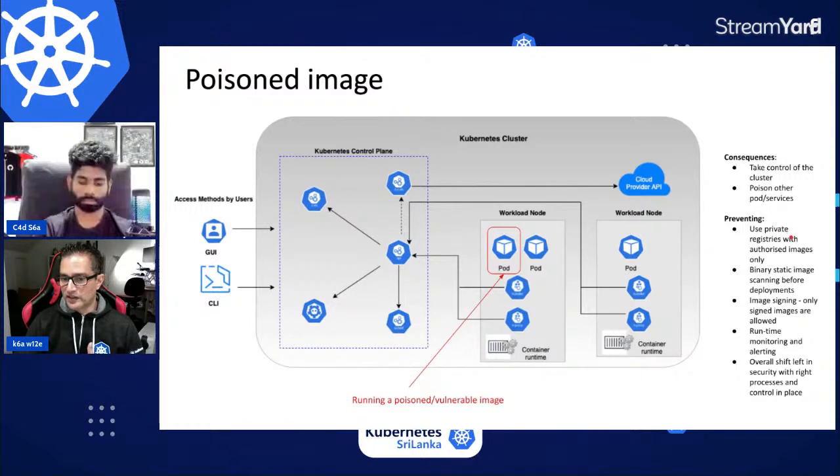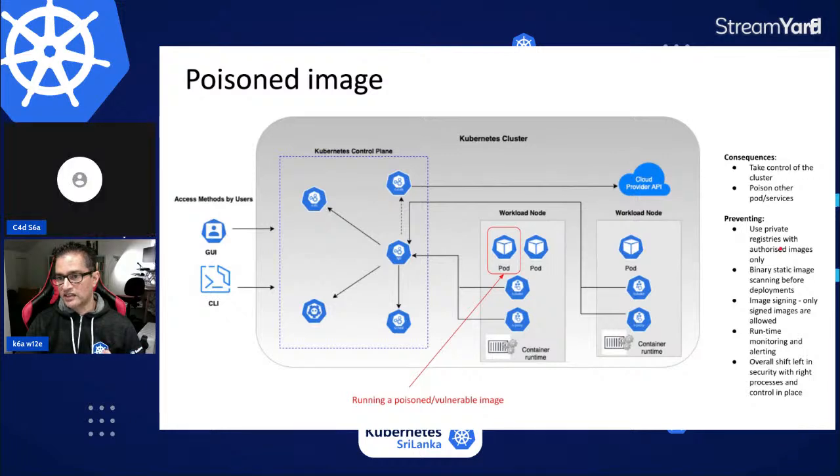So how to prevent this? Apply some of the things I already discussed in the previous slides. But even if you're a small startup, start thinking about having a private registry. Get scanned, vulnerability-free images into that registry, and only allow your developers to deploy from that image registry.